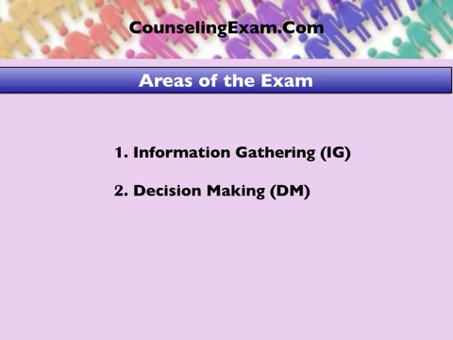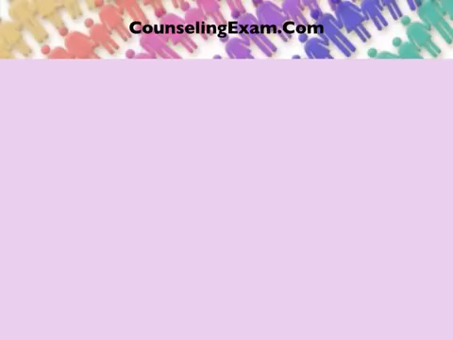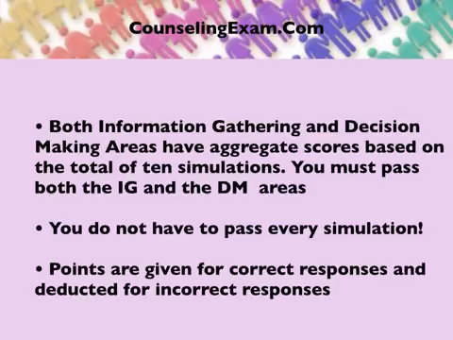Okay, areas of the exam. 2 areas: information gathering and decision making. Both information gathering and decision making areas have an aggregate score based on the total of the 10 simulations.